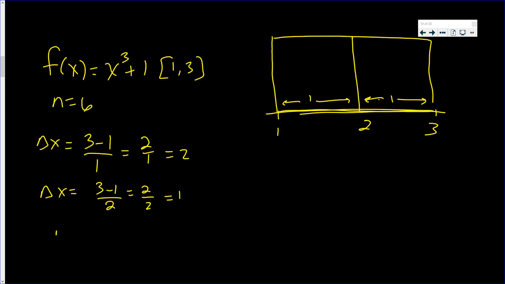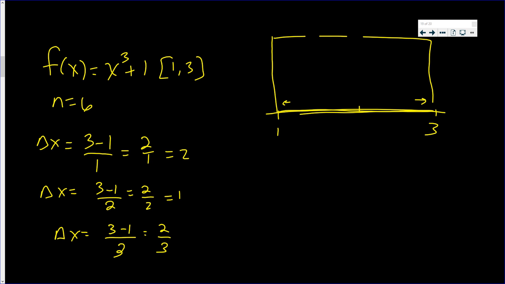But what if I divide it into 3 pieces? 3 minus 1 is still 2, but I'm going to divide that length of 2 by 3. I now have 3 intervals. And I claim that each width, each base, is 2/3.